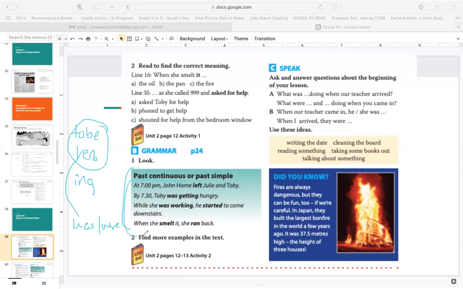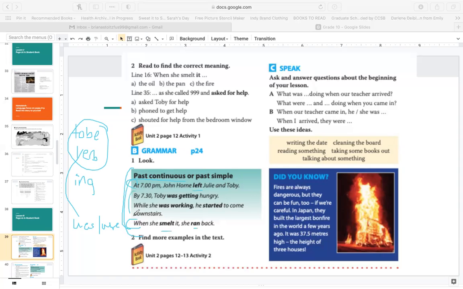These examples say, at 7 p.m., John Horn left Julie and Toby. By 7:30, Toby was getting hungry. While she was working, he started to come downstairs. When she smelt it, she ran back. So the first one and the fourth one are examples of past simple. Smelt, ran, left. These are actions that happened in the past.